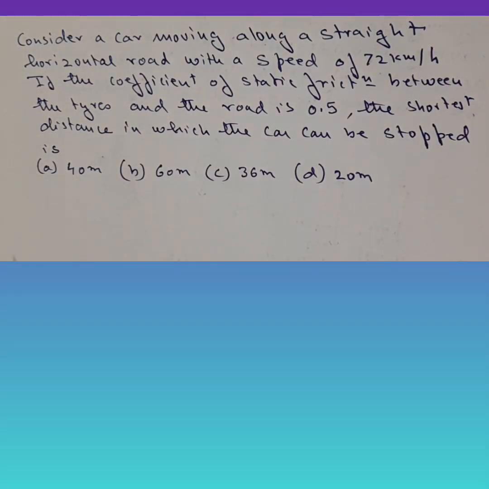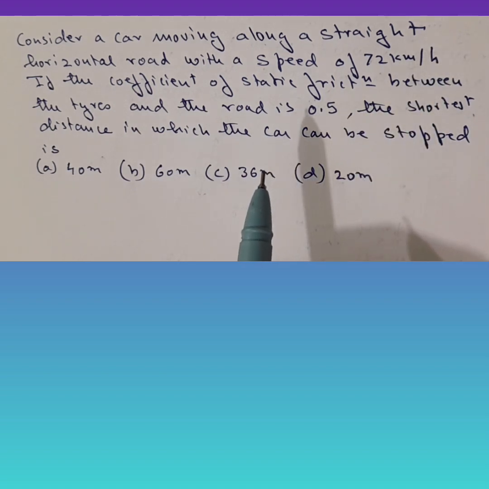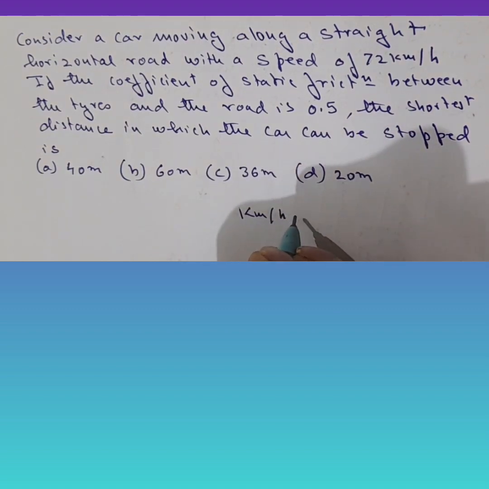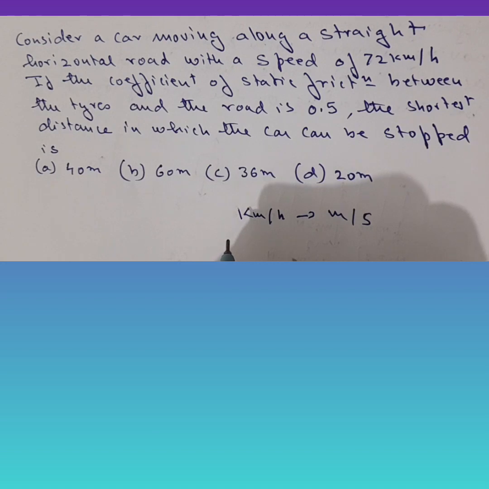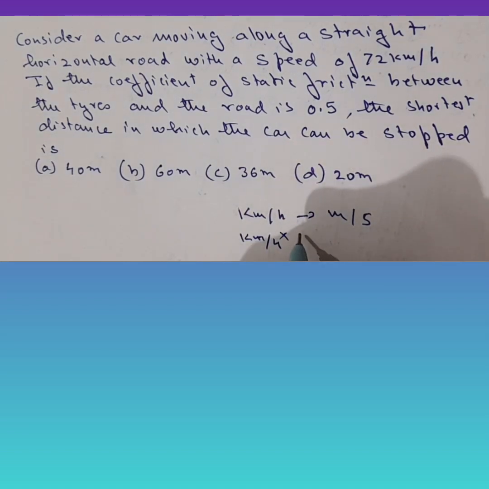Few things we are supposed to know before we get into this numerical. First thing is that answers are in meters and the speed given is 72 km per hour. So whenever we have to convert kilometer per hour to meters per second, we have to multiply it by 5 by 18.